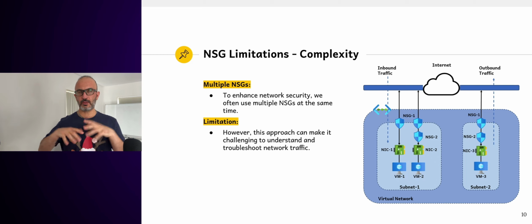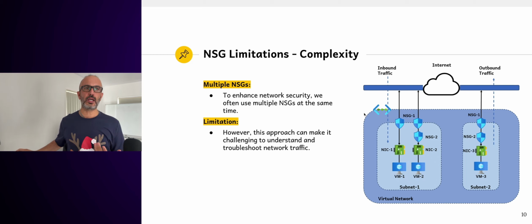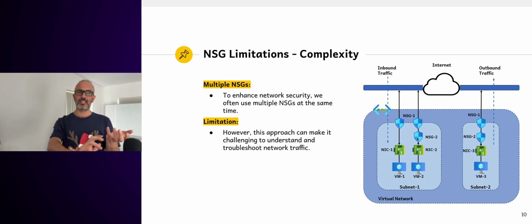So the first type of difficulty is that it becomes really hard to actually troubleshoot and understand the type of traffic. So if you've got multiple NSGs, you need to always be checking the effective security rule. For example, if network security group one is allowing a specific type of traffic, but it's not being allowed by network security group two, it's going to be a little bit confusing.